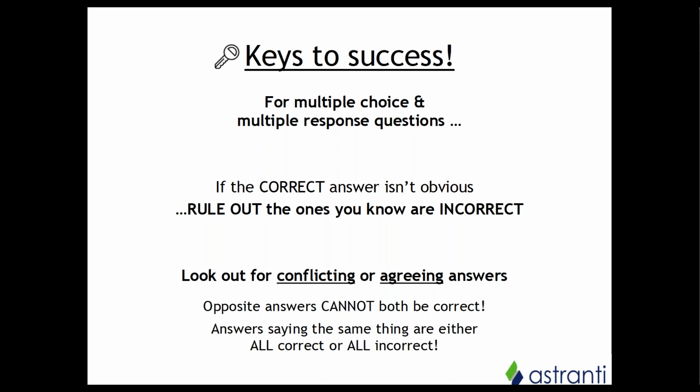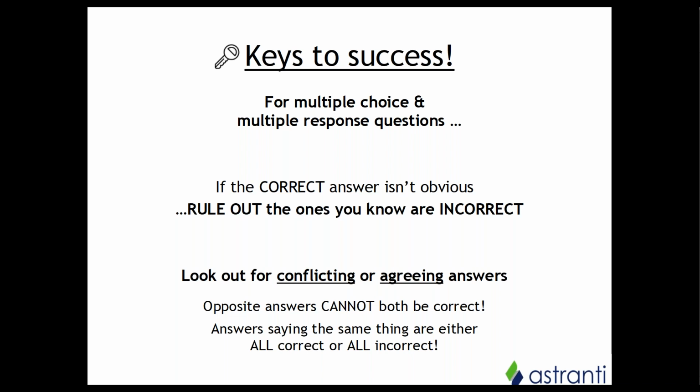And some tips for ruling out the incorrect ones is to look for ones that are conflicting or ones that are agreeing. So for example, if you've got a multiple response and it says which 3 of these are appropriate options for the organization, you know that one is correct, and you've got another one which is basically saying the same thing, then perhaps that is more likely to also be correct because it's agreeing.